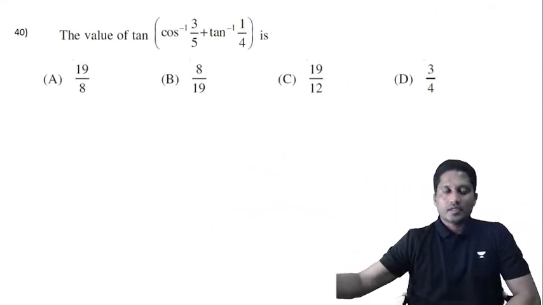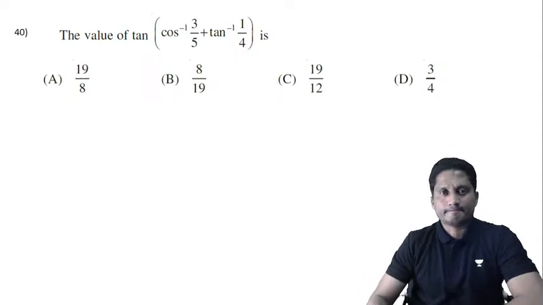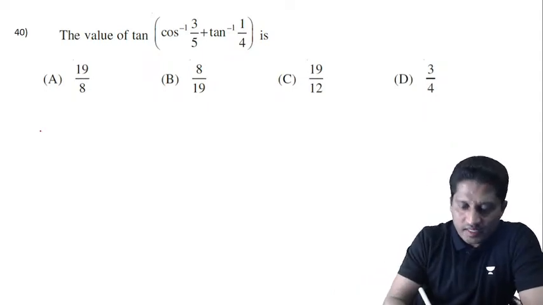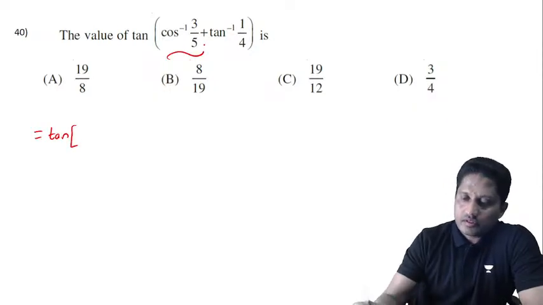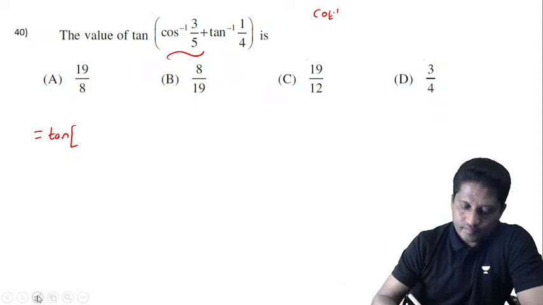Question number 40. This tan I'll keep as it is. Cos inverse of 3 by 5, convert to tan.